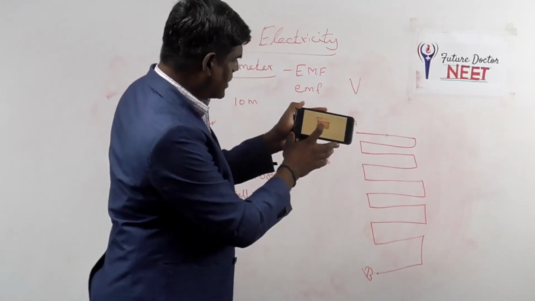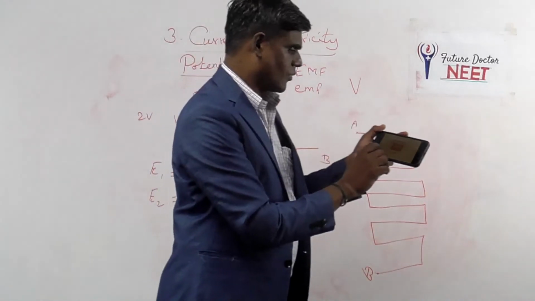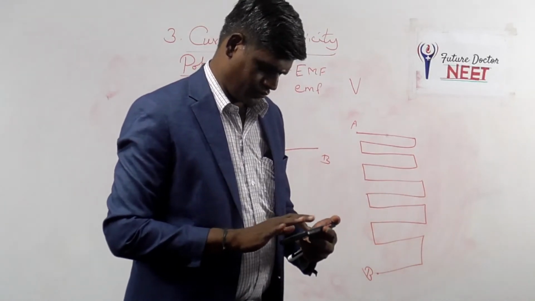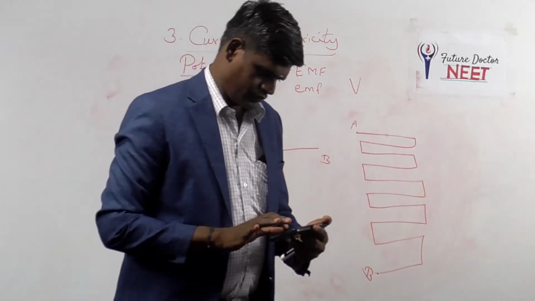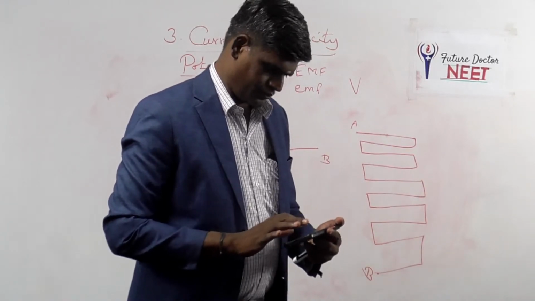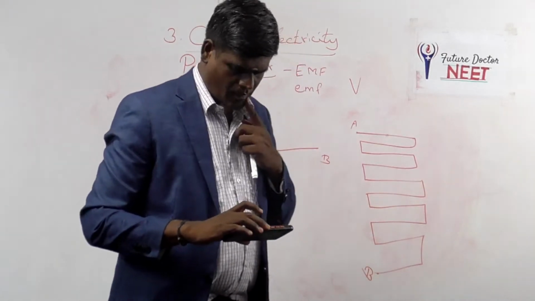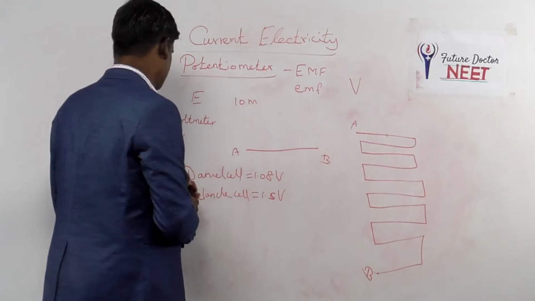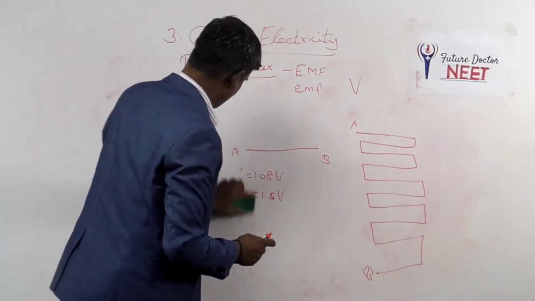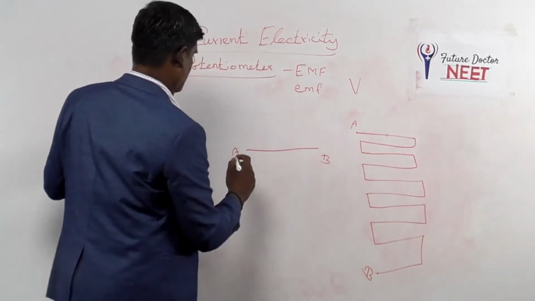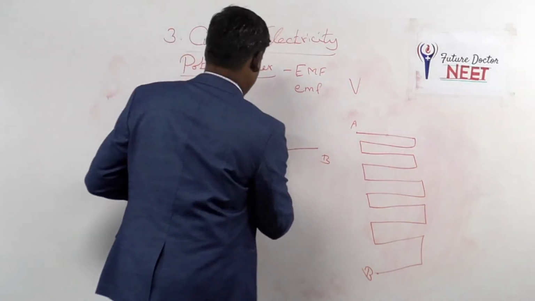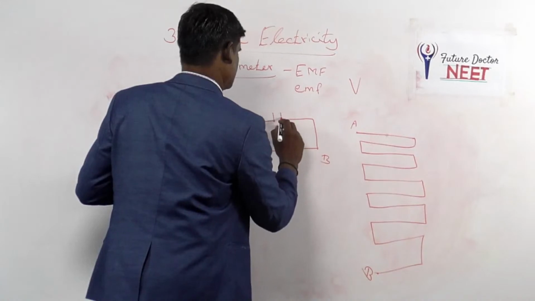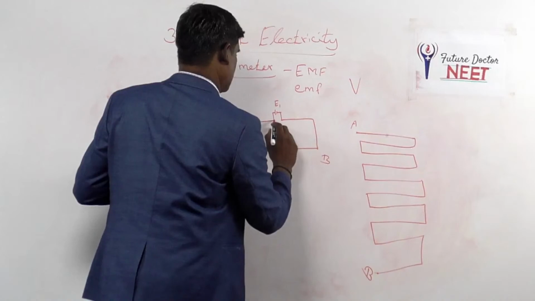And the actual circuit diagram is like this, A, B, then the battery. Two cells will be used here, E1 one cell, E2 another cell.